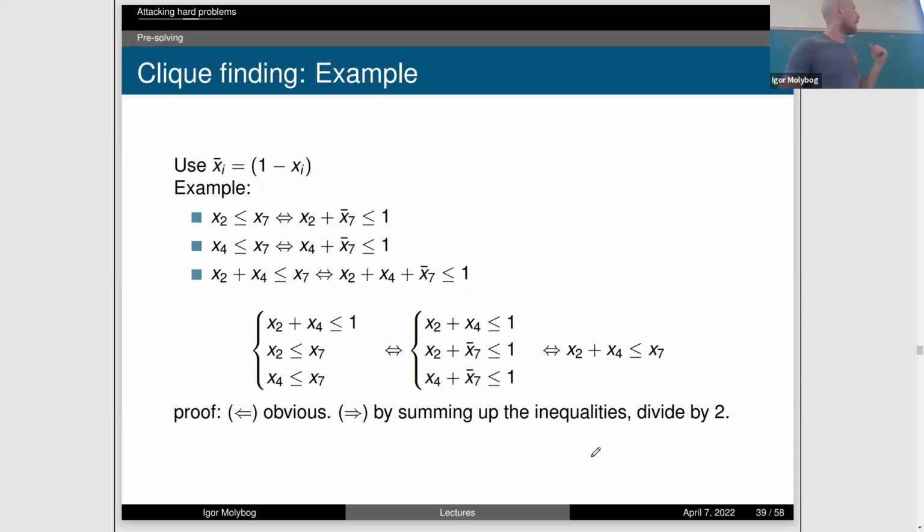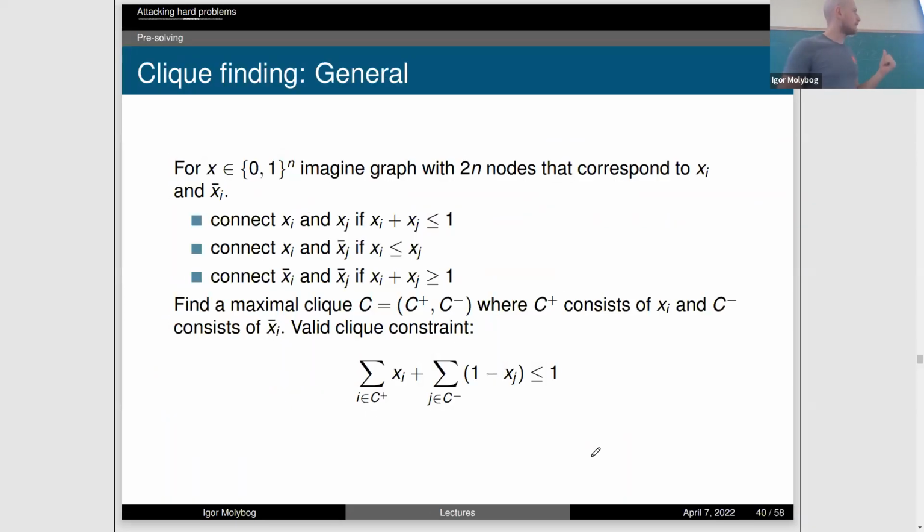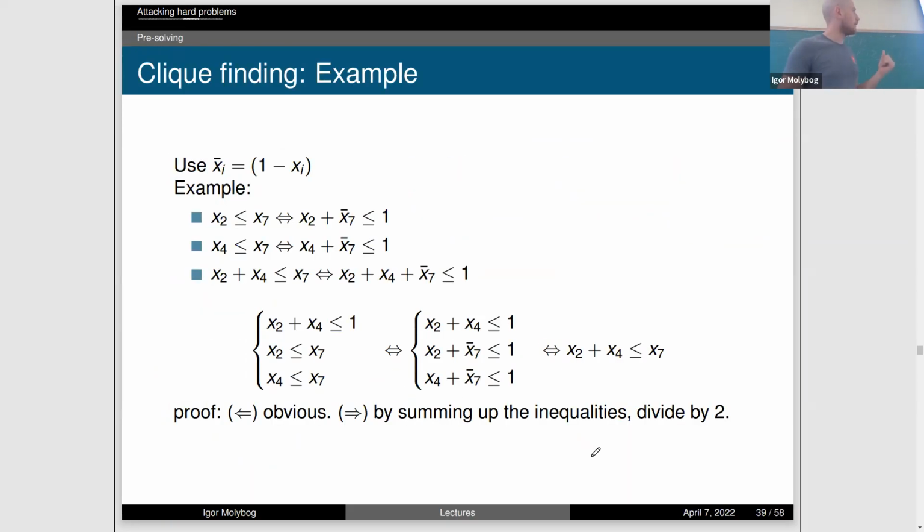No questions, great. Now let's turn to a slightly more complicated technique, which is called clique finding. Here we're going to be using this notation saying that xi bar is equal to 1 minus xi.